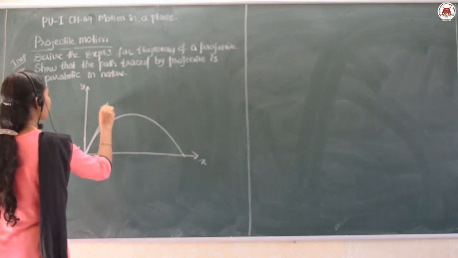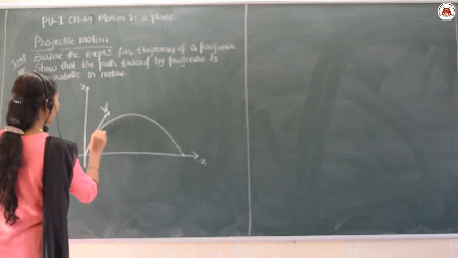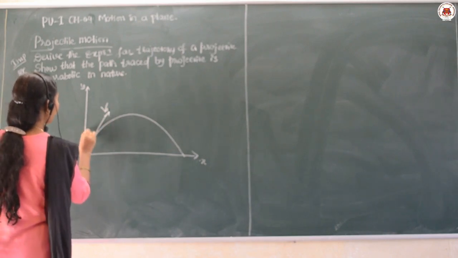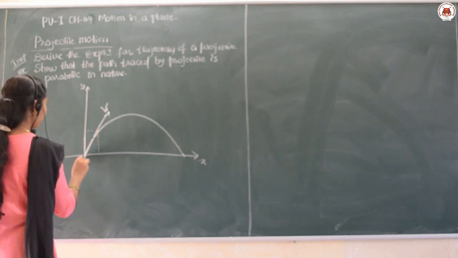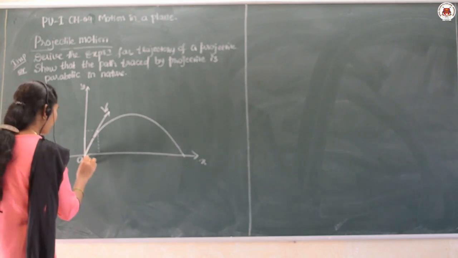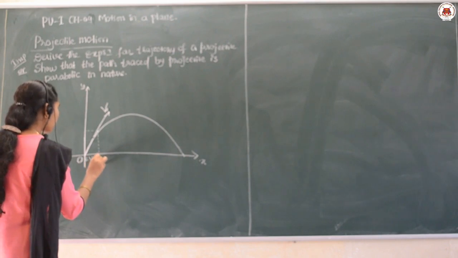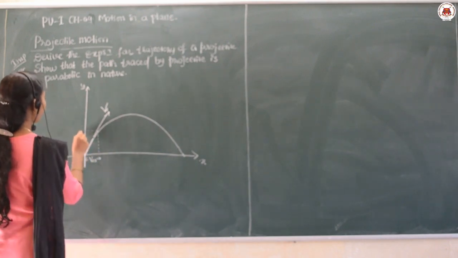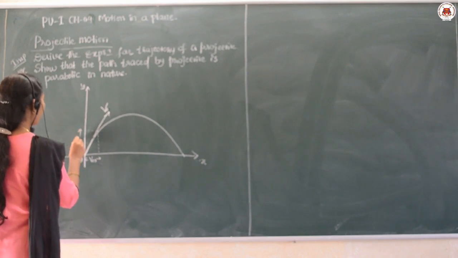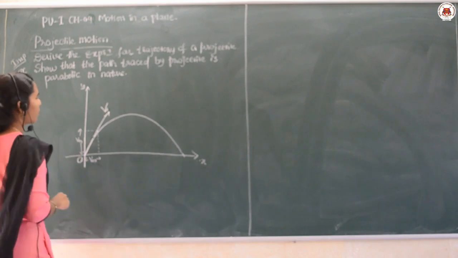I can consider here v naught, and if I take one point, this is the origin, right, and from here to here the velocity component is along the horizontal, so it is called v naught x, and from here to here the component is called the v naught y component, right.